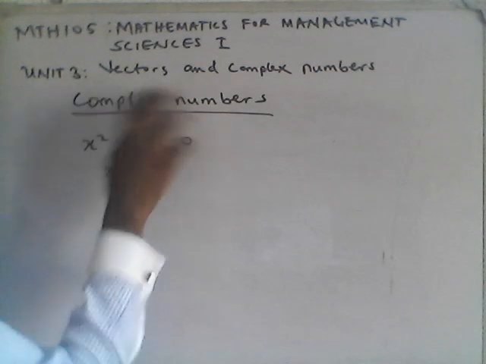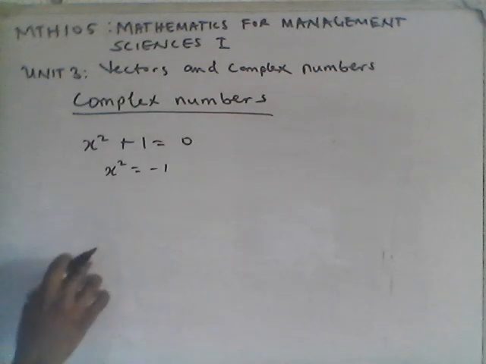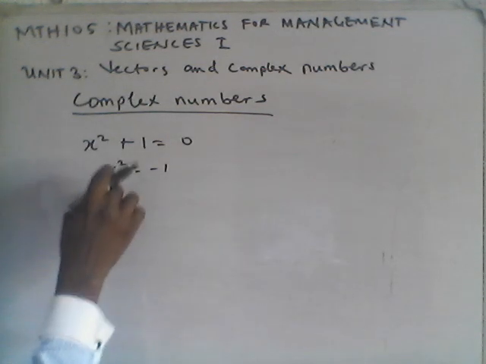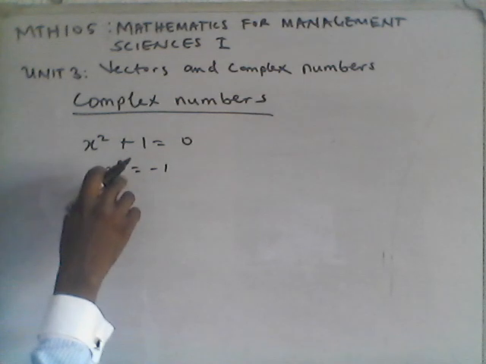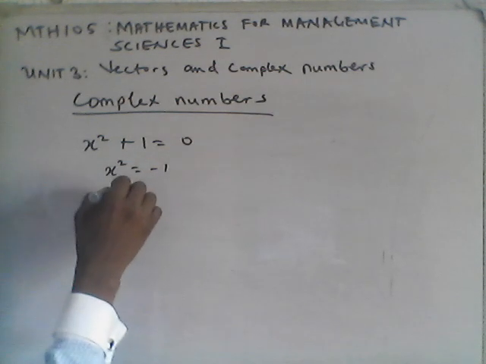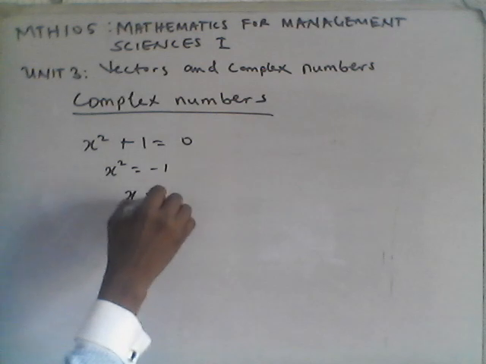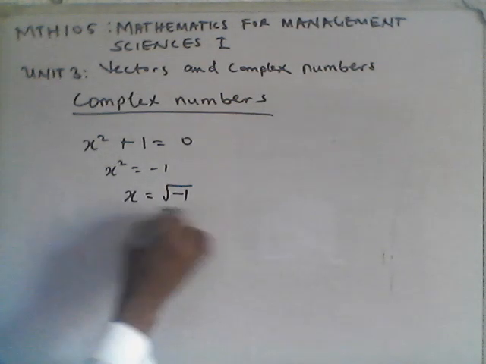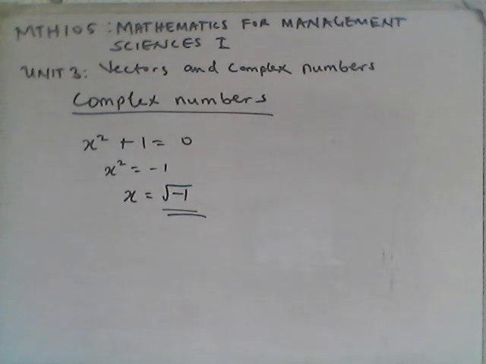Why? Because plus 1 goes to the other side and becomes minus 1. So to get x, you take the square root of both sides. So I now have x is equal to the square root of minus 1. Now this number cannot be resolved because I cannot get the square root of minus 1.